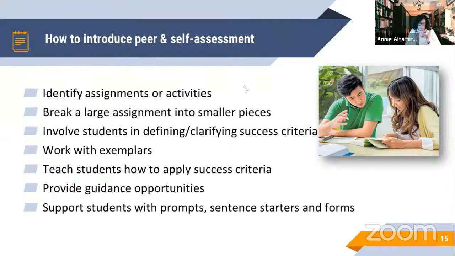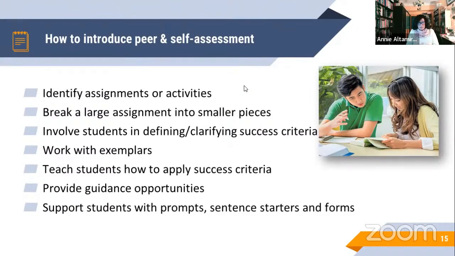Work with exemplars, that is, with samples of work that make the criteria visible for the students, so that they can say, okay, this is something that I shouldn't be doing, this is quality work. Also, teach them how to apply success criteria, that is, explicit instruction and modeling using samples, so they can understand what constitutes quality work.